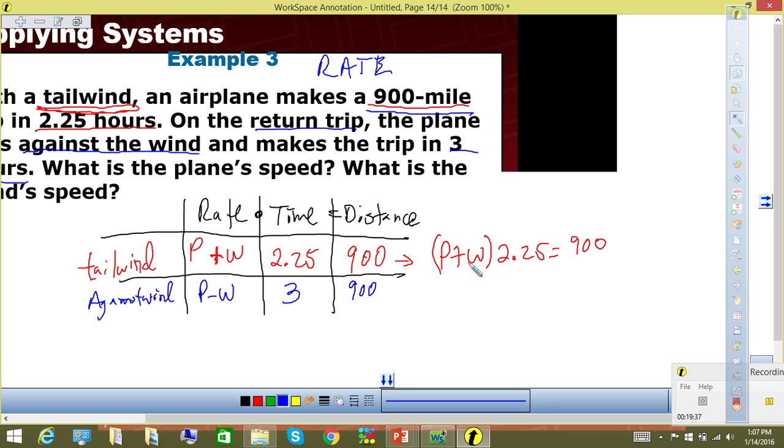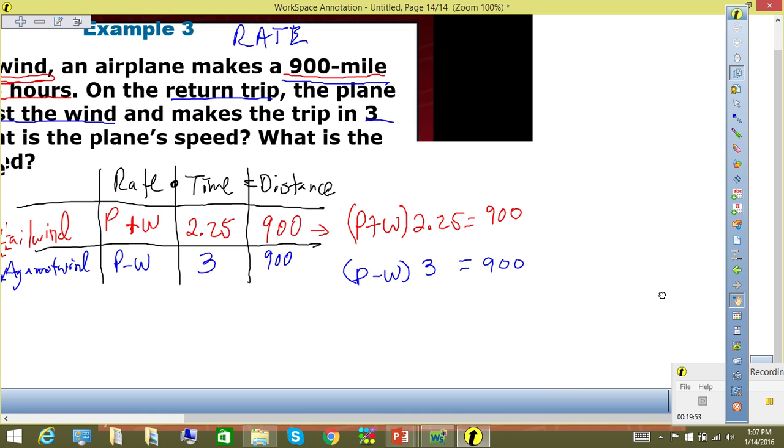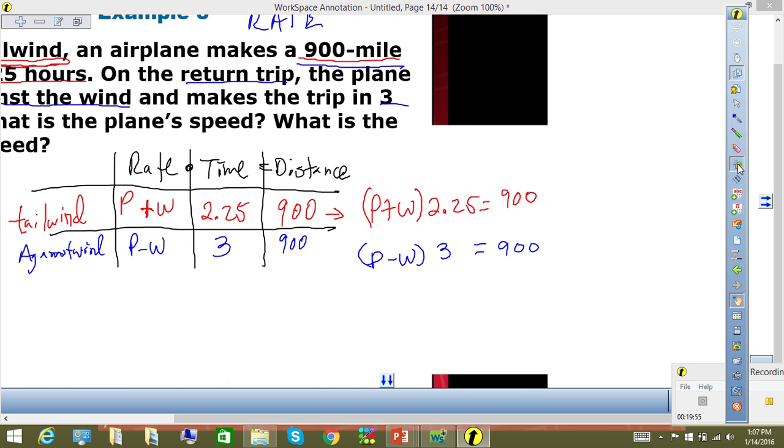Our second equation, I want you to leave a little bit of space underneath here because we're going to do something really quick. And let's write our second equation. P minus W times 3 equals 900. Are we there so far? So watch.